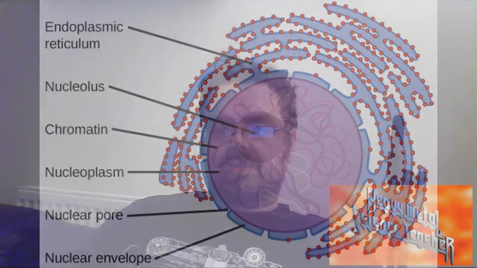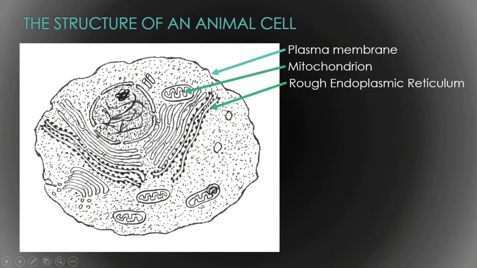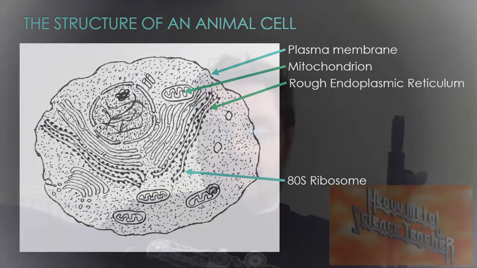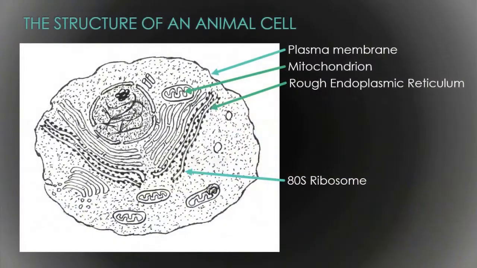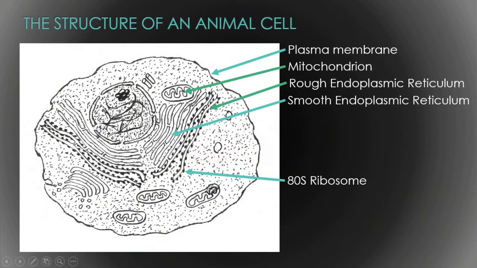That's because the function of the rough endoplasmic reticulum is to synthesize and fold proteins that are translated from the DNA. Now, the translation happens, and transcription is down to the ribosomes, and the DNA itself is stored in the nucleus. After these proteins have been built, they are shipped off to the Golgi Apparatus, and we'll talk about that later on.